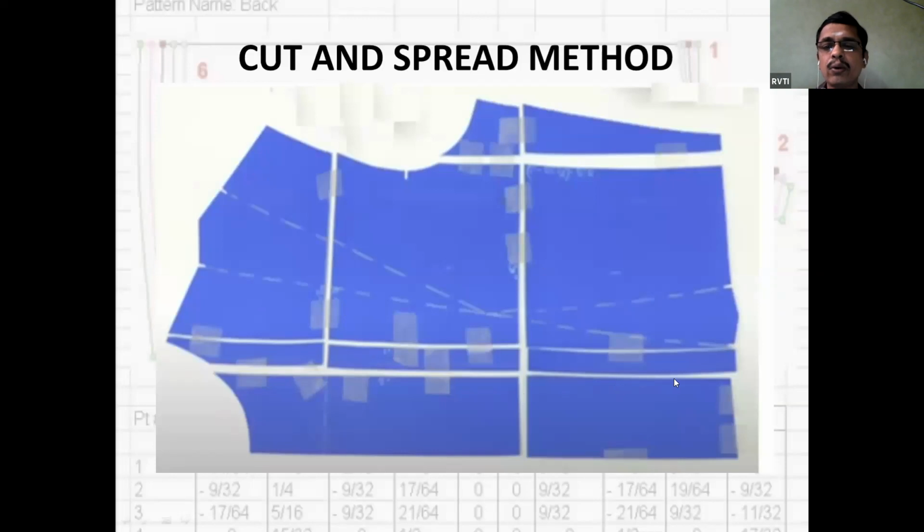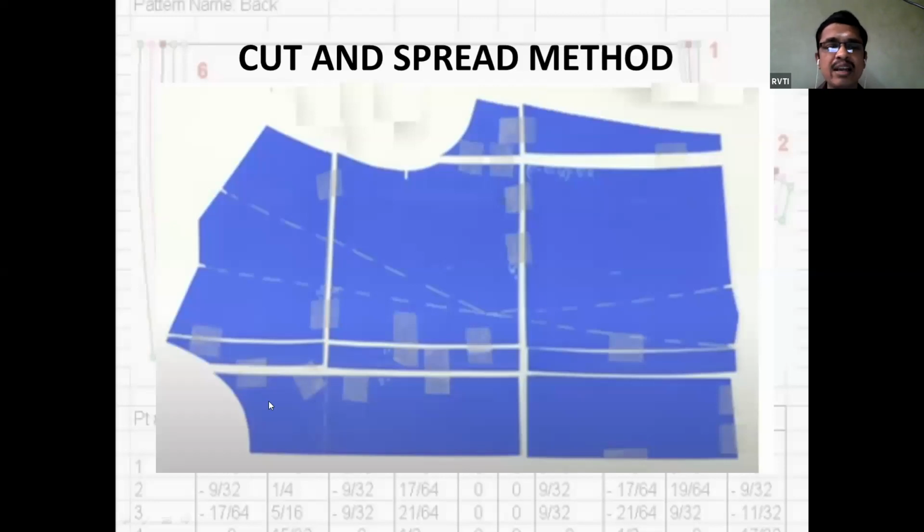For neck measurement they cut the pattern, then for shoulder measurement, chest measurement, armhole measurement and length measurement they cut. The pattern is cut into pieces, and on another paper they slash and spread, fix it with sellotape, then redraw.